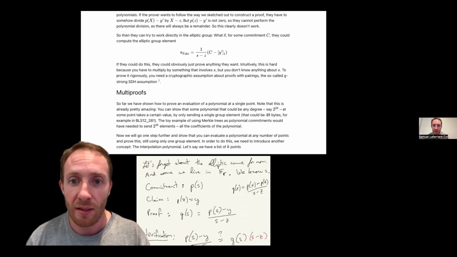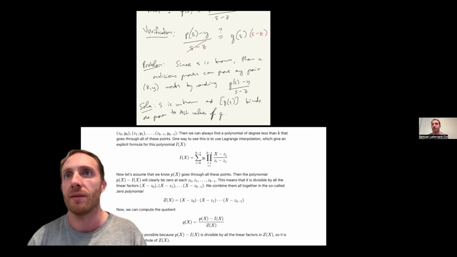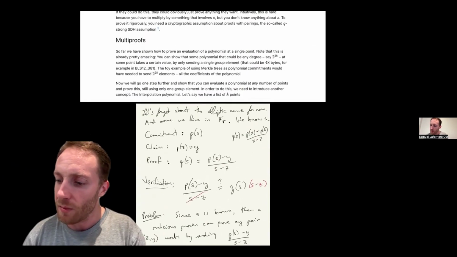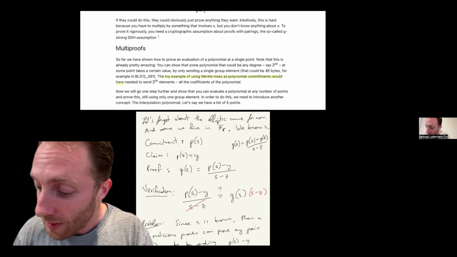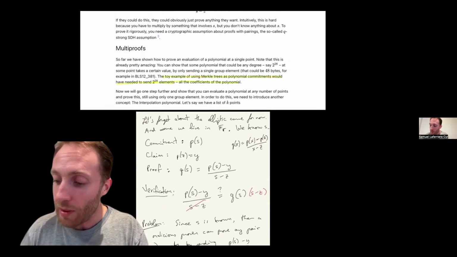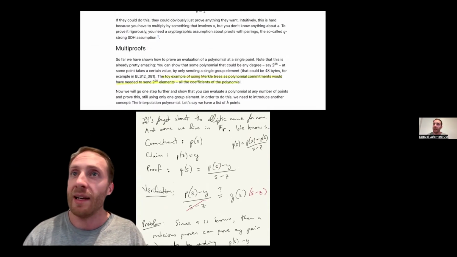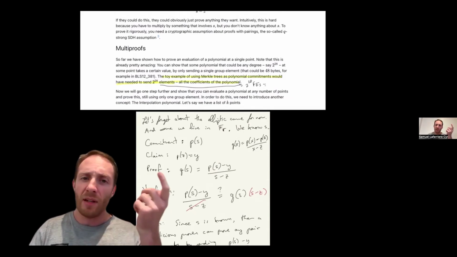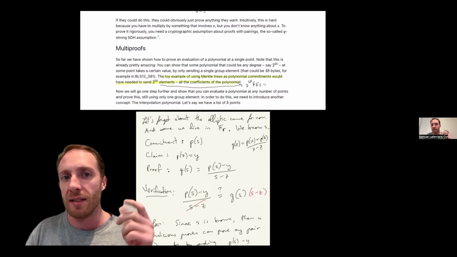So that's what he's saying here. Oh, right, wait, sorry, I was skipping one important part, which is that the toy example of using Merkle trees as polynomial commitments would have needed to send 2 to the 28 elements, all the coefficients of the polynomial. Every field element, let's say in BN254, which is what we use, is 32 bytes.